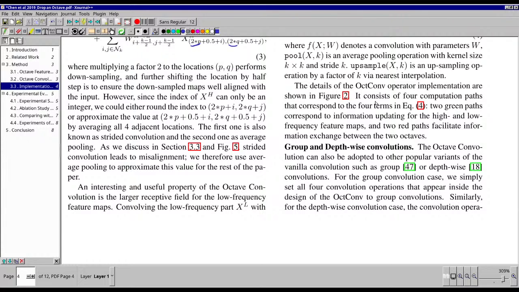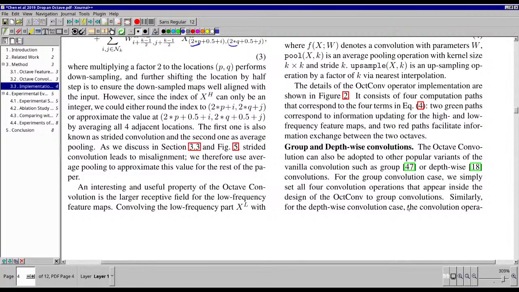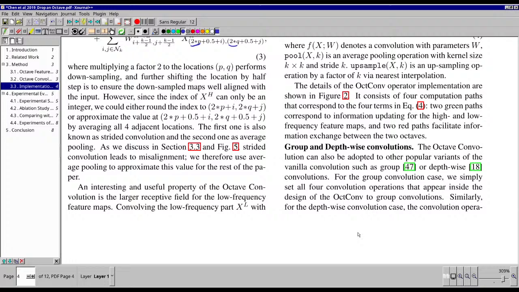Group and depth-wise convolution. The octave convolution can also be adopted to other popular variants of convolution, such as group and depth-wise convolution. For the group convolution case, we simply set all 4 convolution operations that appear inside the design of the OctConv to group convolutions.